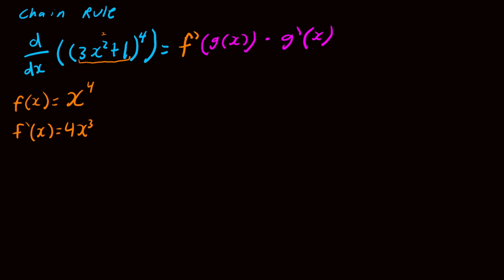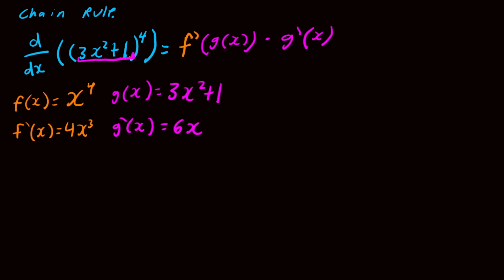I'm just going to erase that so we don't get confused. 4x cubed. Okay? Now g of x equals, g of x is just this thing in here, okay? So 3x squared plus 1, g prime of x equals 6x using power rule.